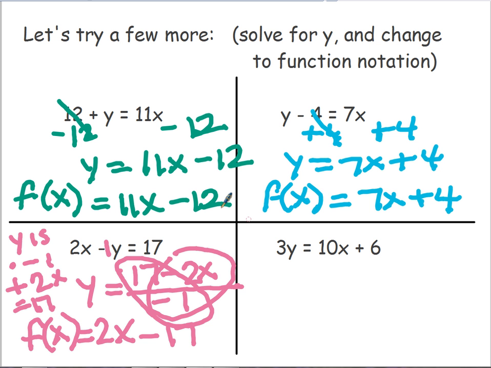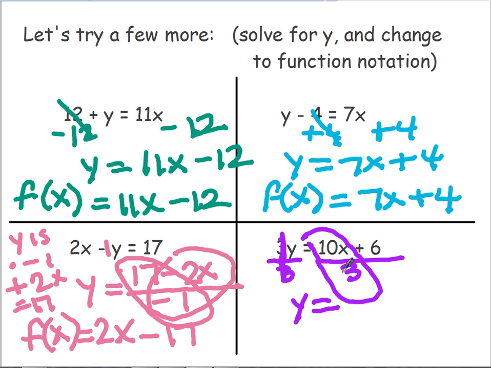In this last one, I have 3y equals 10x plus 6. To get y by itself, I have to divide by 3. If I divide one side by 3, I have to divide everything by 3. These 3's will cancel. I get y equals, and I have to simplify the other side. 10x divided by 3.